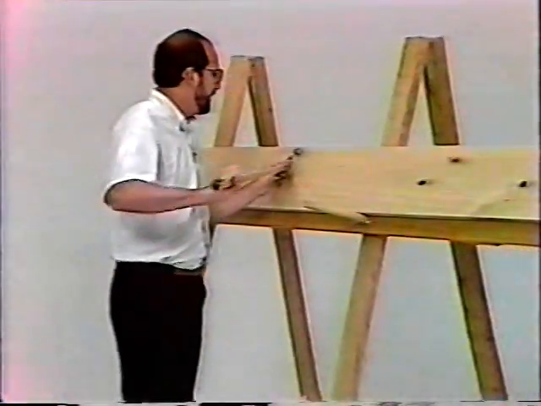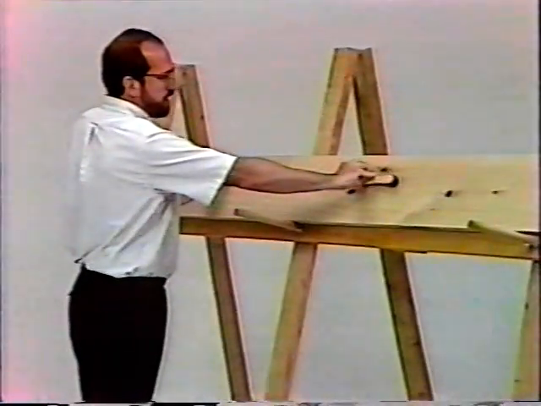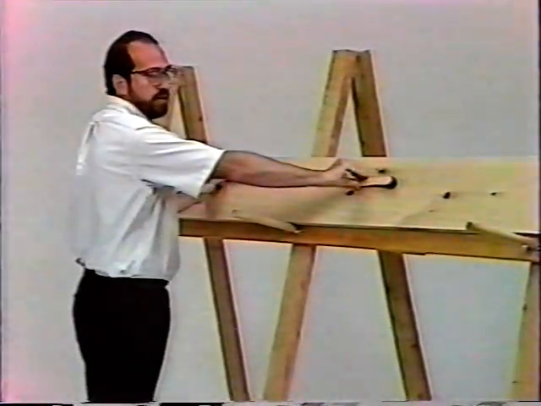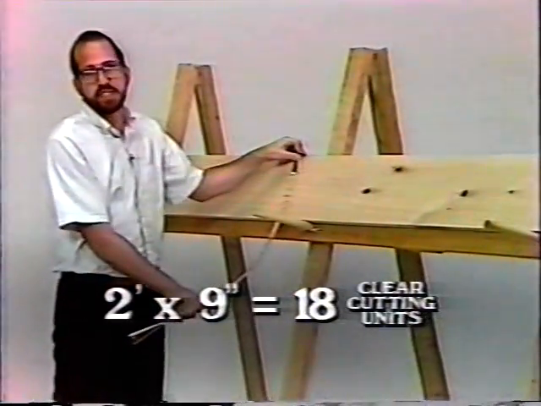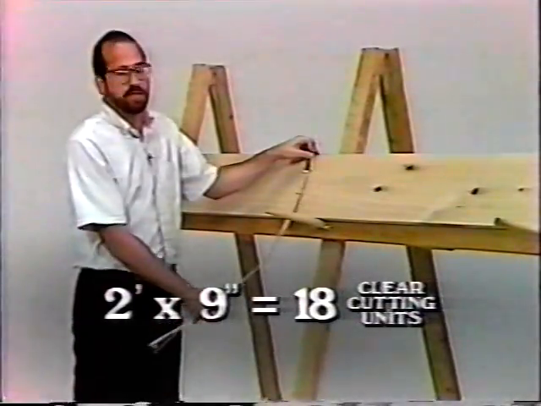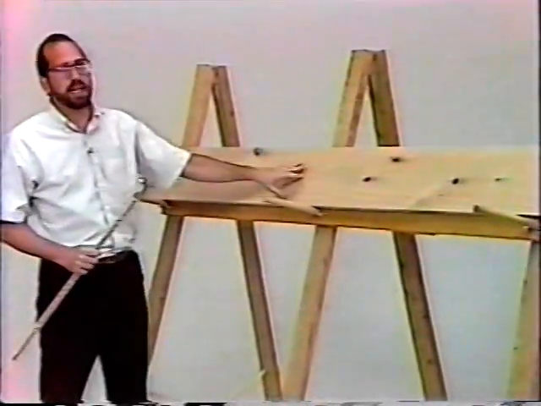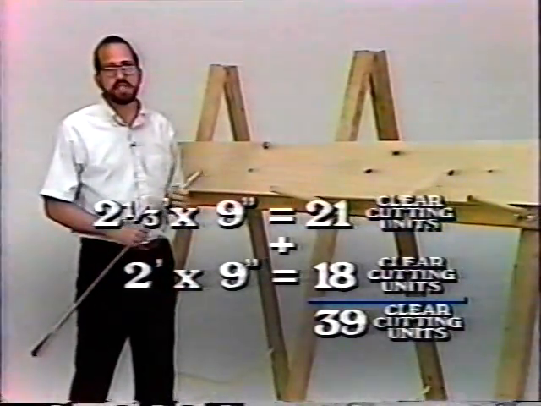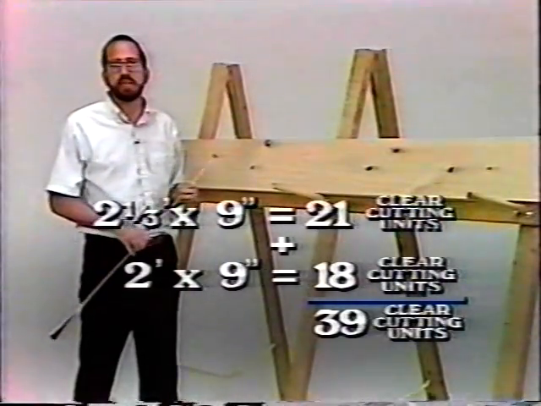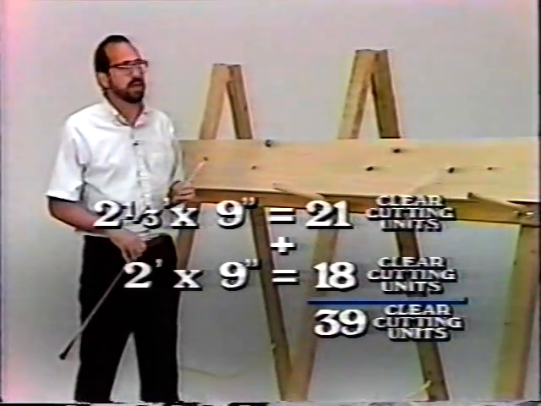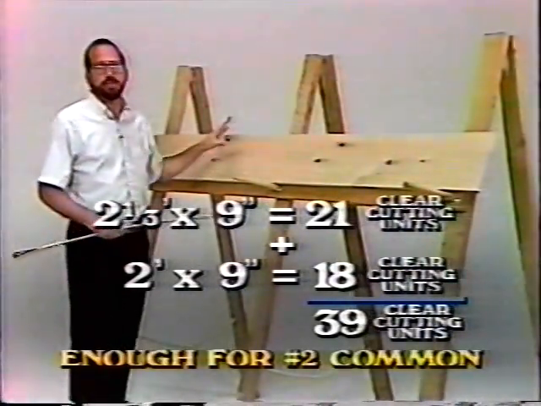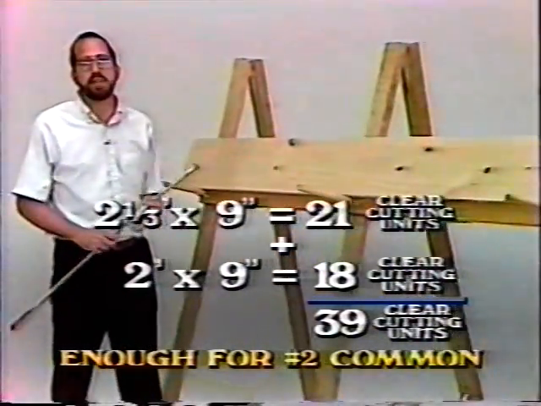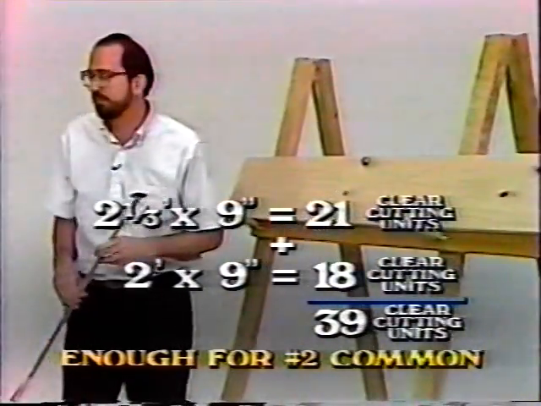Our second cutting, again measuring between our defects, is 2 feet long by 9 inches wide, which gives us 18 cutting units. Well, the total in these 2 clear face cuttings is 39. We said for this 2 common board, we would need 36 cutting units. We could take another cutting up top here, but again, we've already established our minimum clear yield. So the grade of this board is number 2 common.